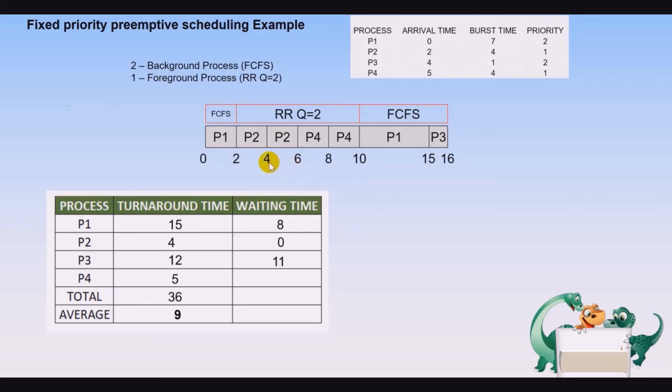So 6 milliseconds minus 5 results in 1 millisecond. So the total waiting time is 8 plus 0 plus 11 plus 1, which is 20. So 20 divided by 4, getting the average, you get 5 milliseconds.